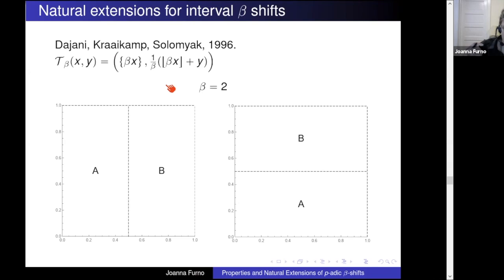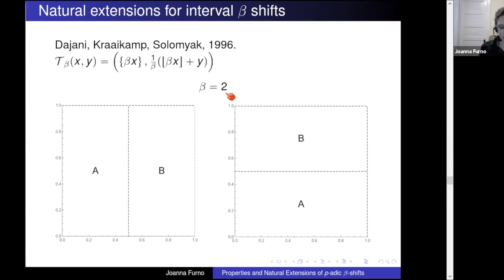I don't know that they did all betas, but at least some. It's been a while since I looked at that paper. I don't remember if they needed it to be algebraic to put this thing together, but a good number of betas to get a nice natural extension. And it's not so bad when your beta is 2, which was the first example we looked at.